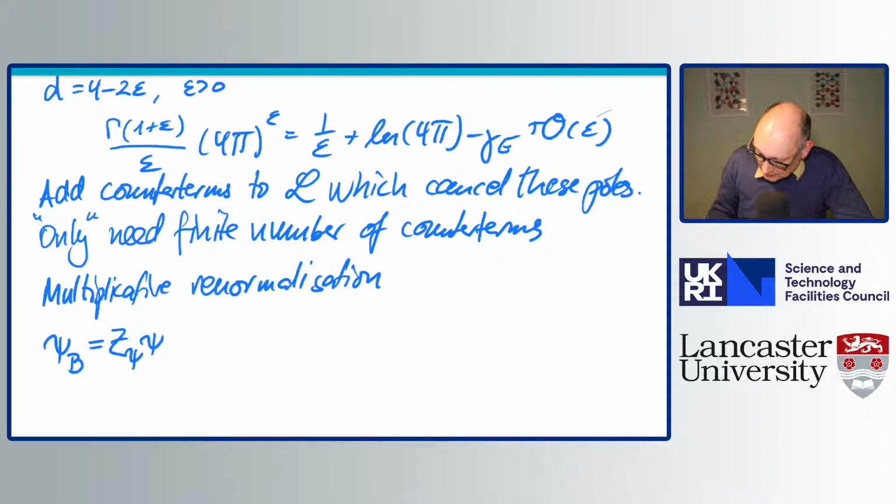The same way, all the gluon fields are actually some factor Z that diverges at epsilon equals 0 times the physical field.